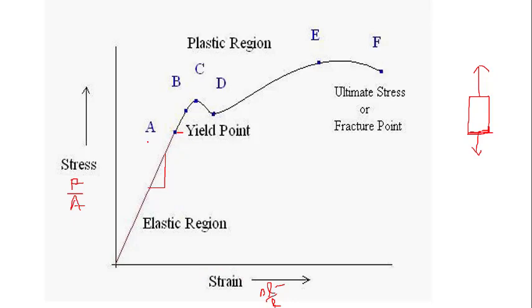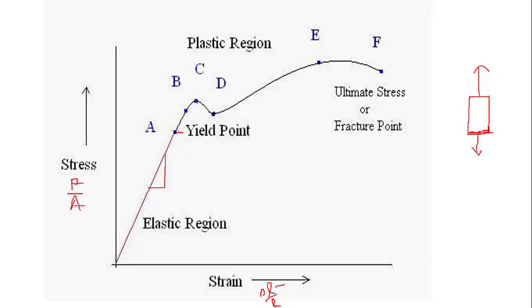It is Hooke's law. Hooke's law says that stress is proportional to strain up to the elastic limit, and then there is a slight change in the curve up to points B and C. The C point is upper yield and D point is lower yield.